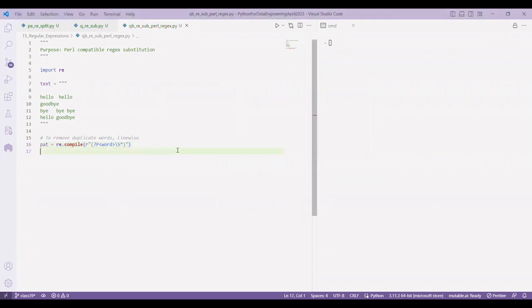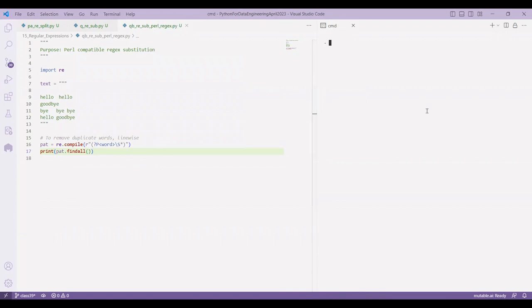I can give any pattern. I can do pattern.find or search or anything. If I do print of pattern.findall, we can do that also in multiple lines.